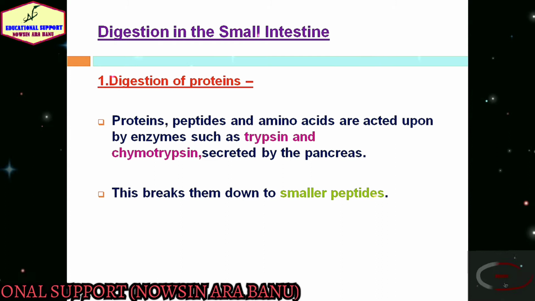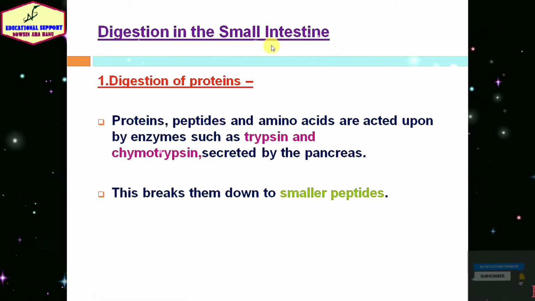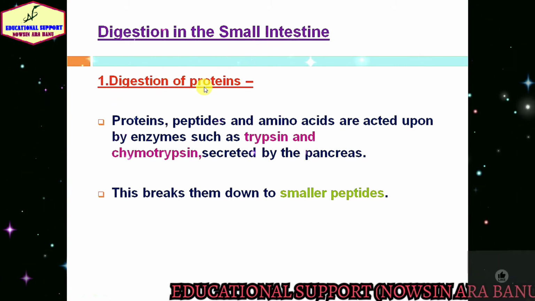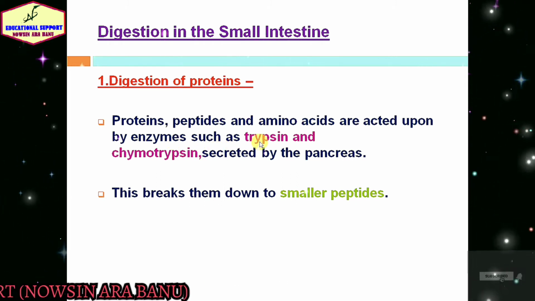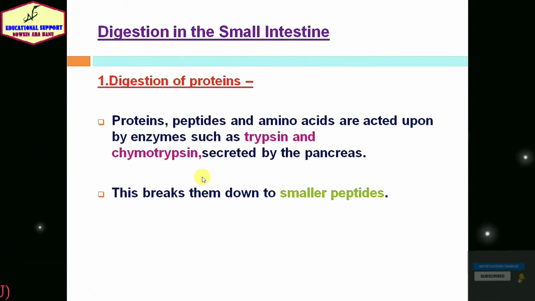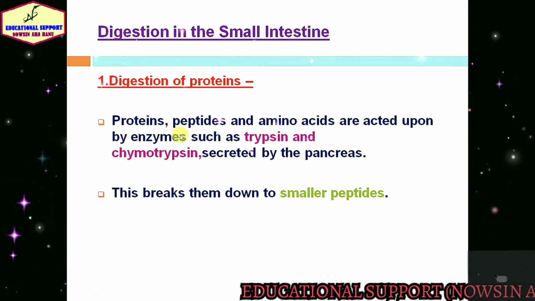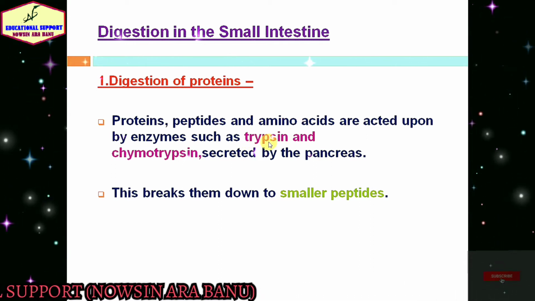Next, I am going to discuss digestion in the small intestine. So first, number 1 is digestion of protein. Enzymes like trypsin and chymotrypsin secreted by the pancreas act on proteins, peptides and amino acids. So what is trypsin?